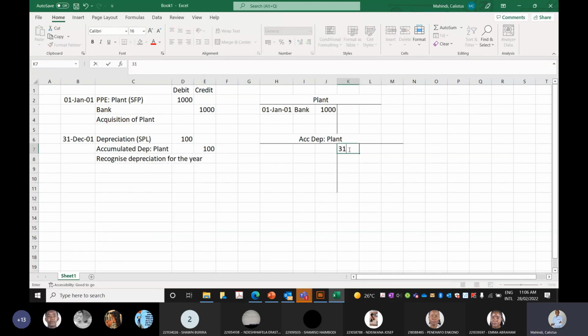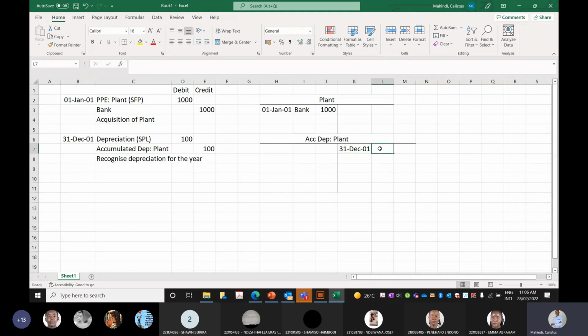So this will be on 31 December. We're going to credit the accumulated depreciation plant with an amount of 100, and the account that we would have debited is the depreciation account. So I'll have to put another ledger down.